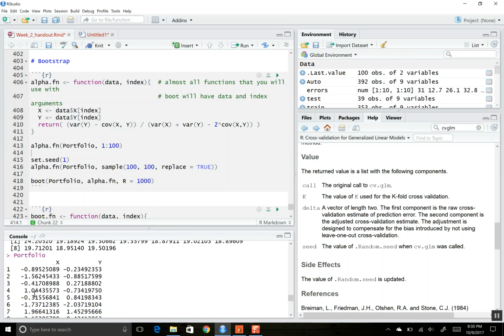Okay, so we want to try to figure out how much we should invest.